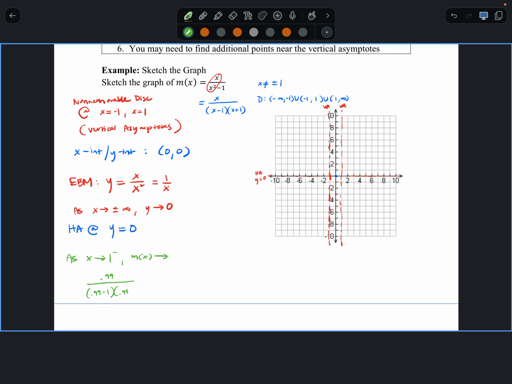Which means the graph will have to be approaching positive infinity to the right of that vertical asymptote and then come down and approach the horizontal asymptote.